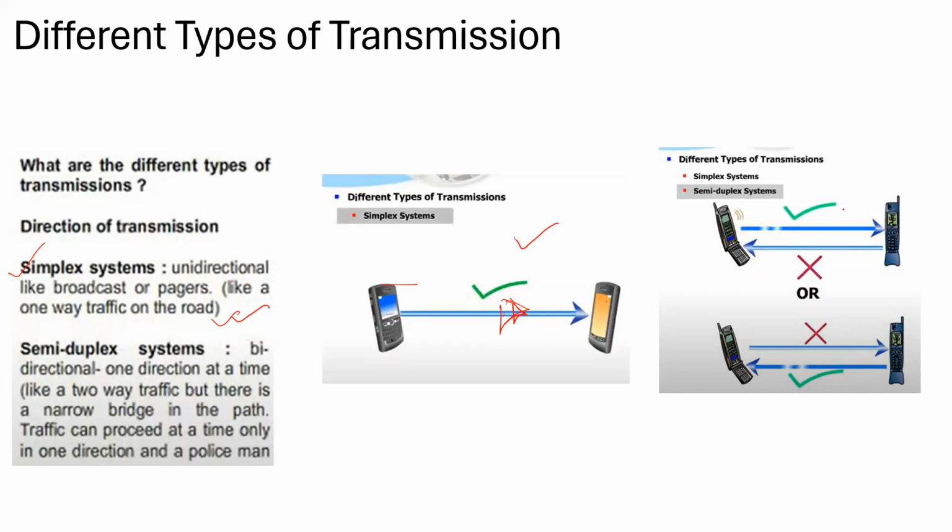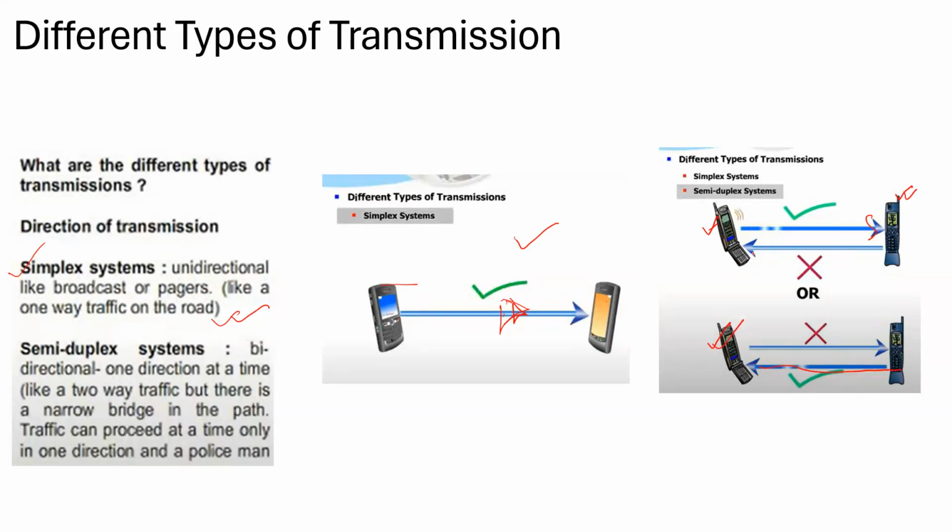Now in a semi-duplex system, either this user will transmit and this user will receive, or this user will transmit and this user will receive.